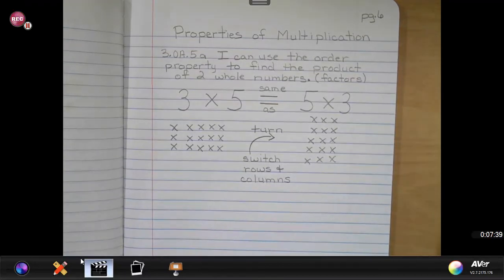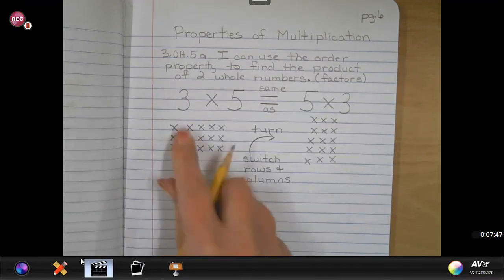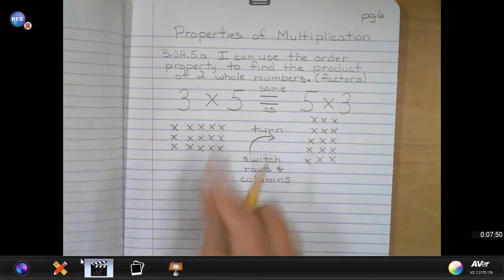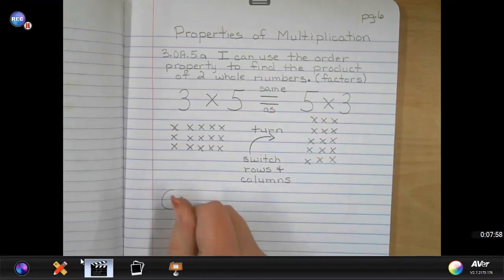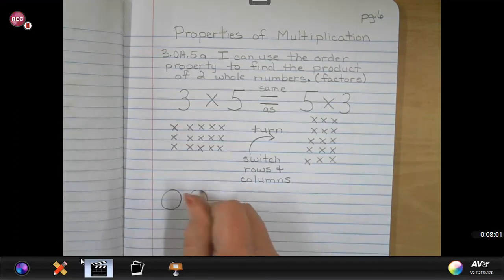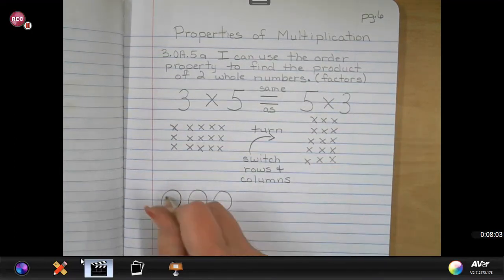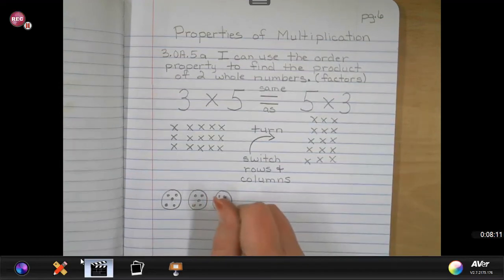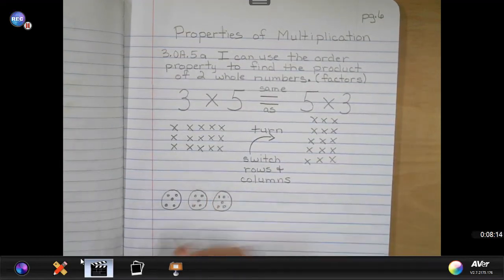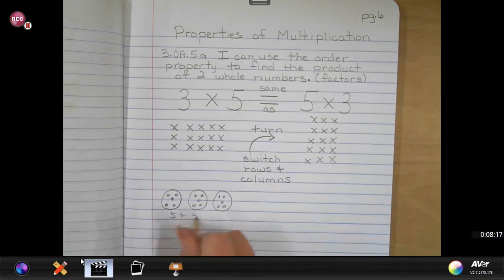Now, if we were to do this as groups, we would switch the groups with the number in each group. So we could also say that the number of groups gets switched with the number in each group. I have 3 groups with 5, which is still going to give me 15 because 5 plus 5 plus 5.